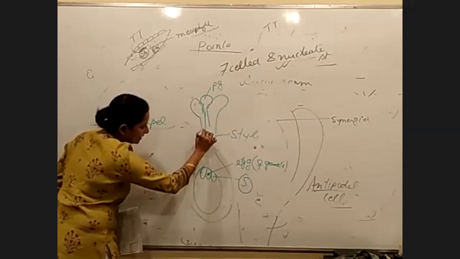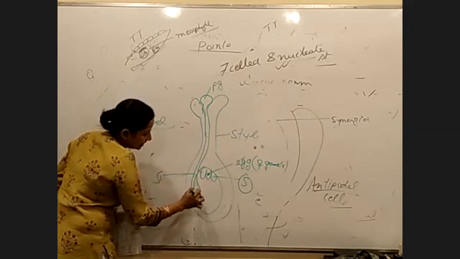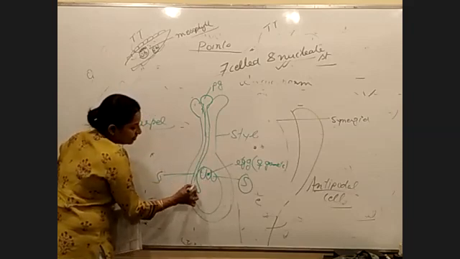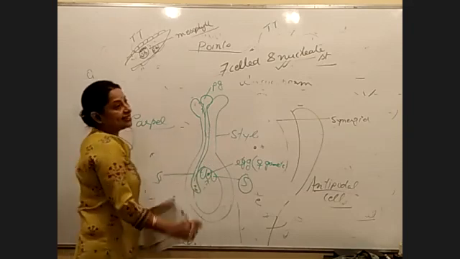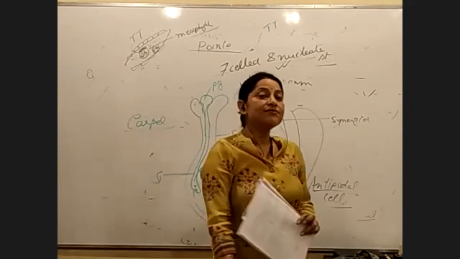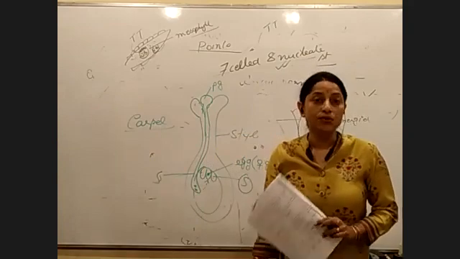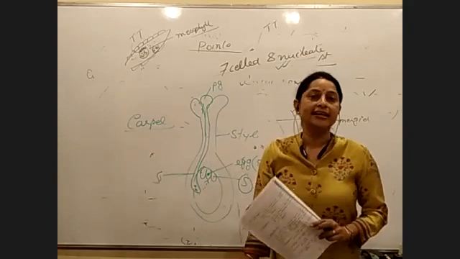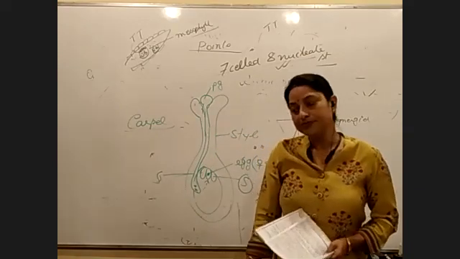After that, where is the egg? Who will direct it to the egg? The synergid will. So what is the function of the synergid? The synergid guides the pollen tube towards the egg so that fertilization occurs. Clear?